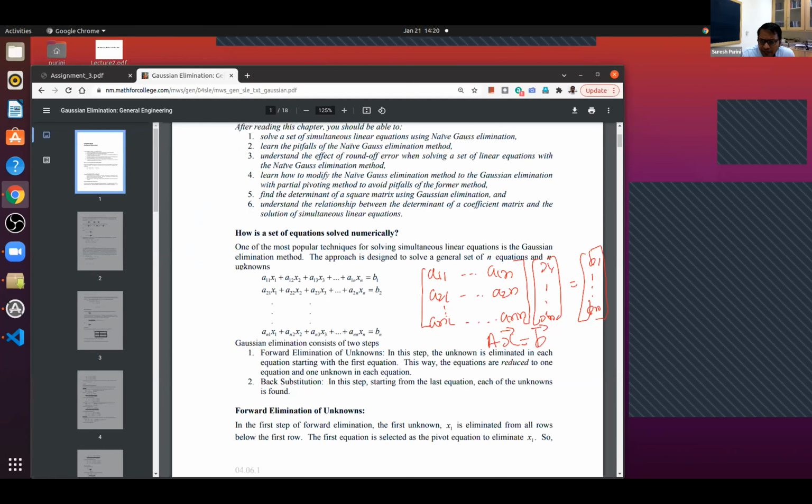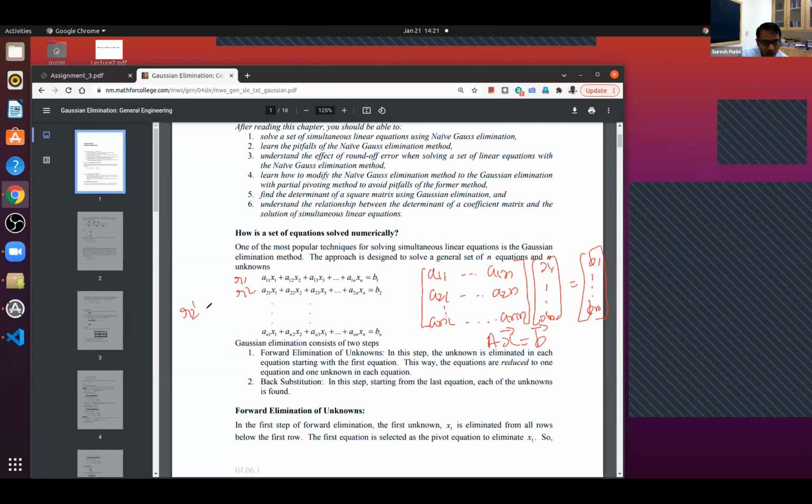From your intermediate or high school, if you take one linear equation and add it to the next equation, the system of linear equations remains equivalent. This is row R1, this is row R2.